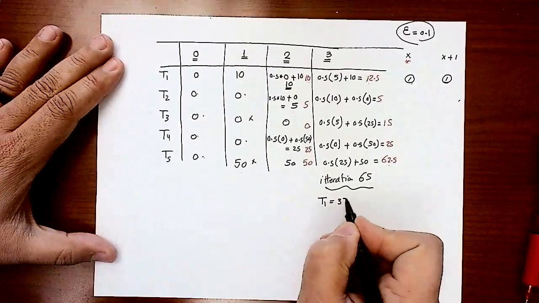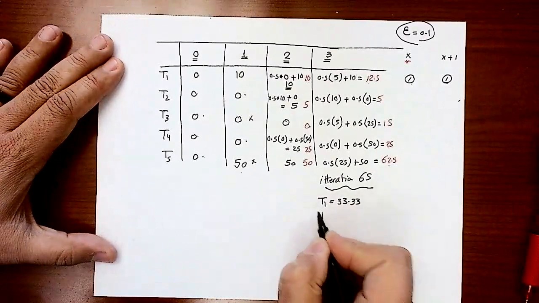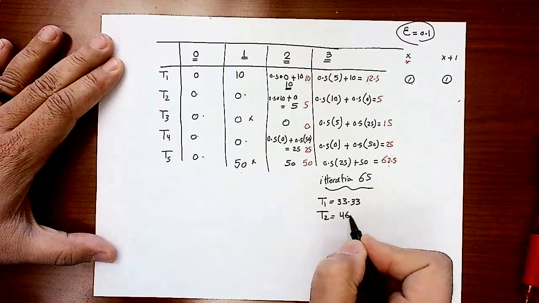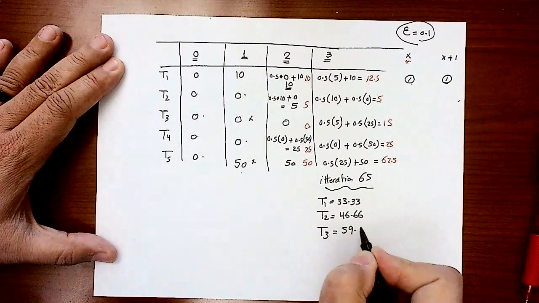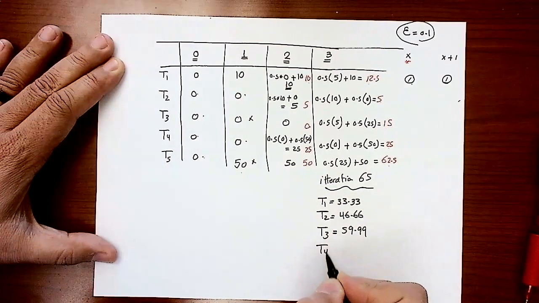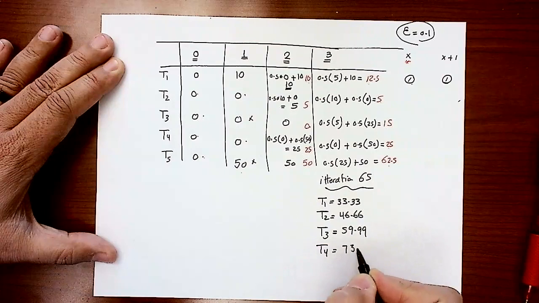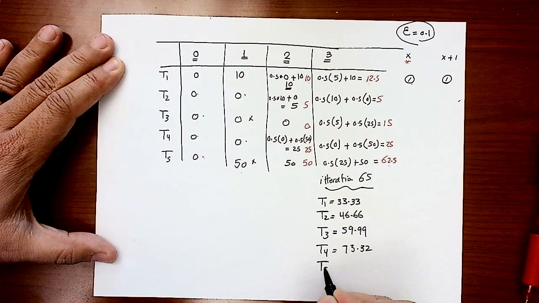T1 is 33.33, T2 is 46.66, T3 is equal to 59.99, T4 is equal to 73.32, and T5 is equal to 86.66.